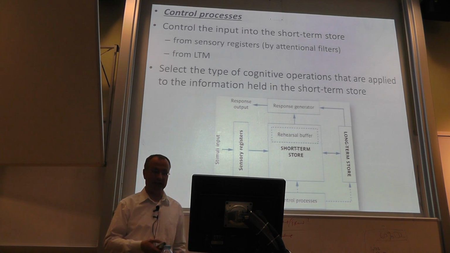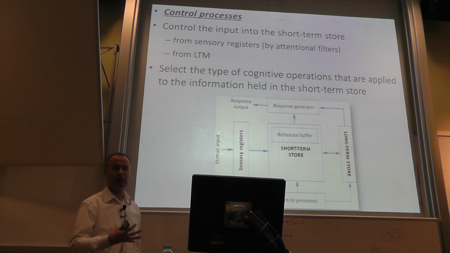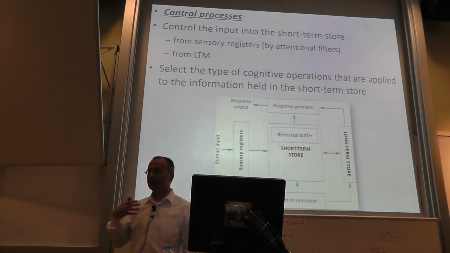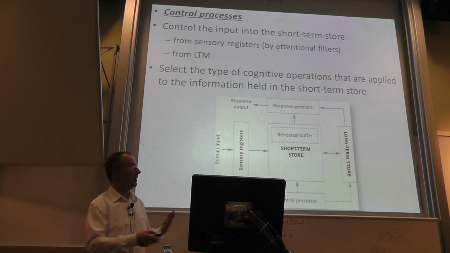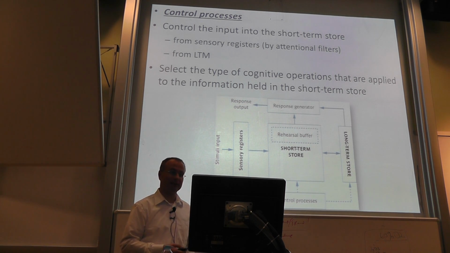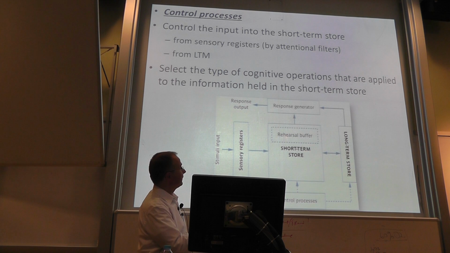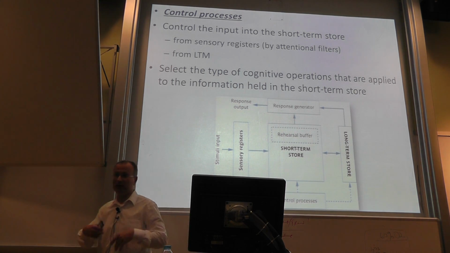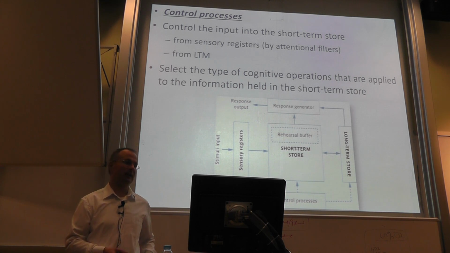Or otherwise to do a different operation, to subtract, or control processes in the form of deleting information from the store or things like that. And then finally, based on the information in our memory systems, we generate a response. That means we show behavior as human beings.